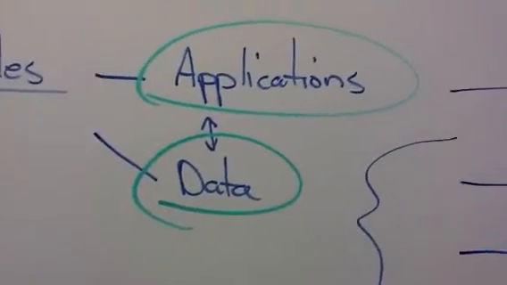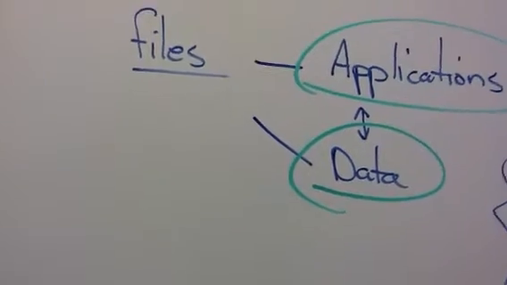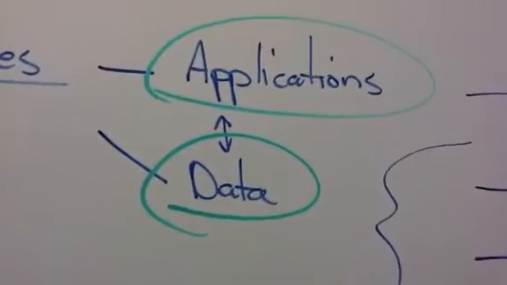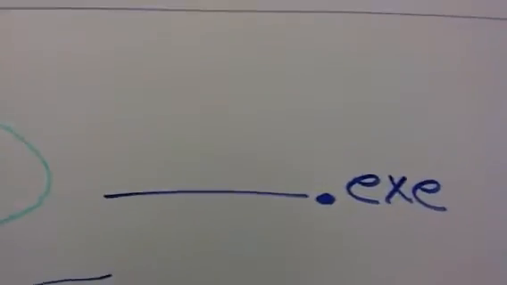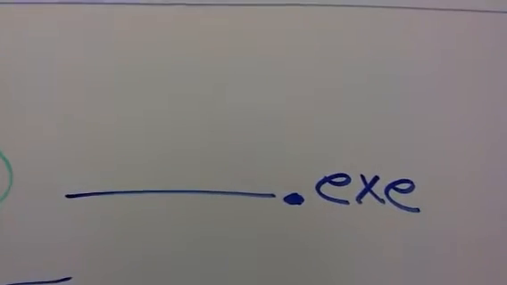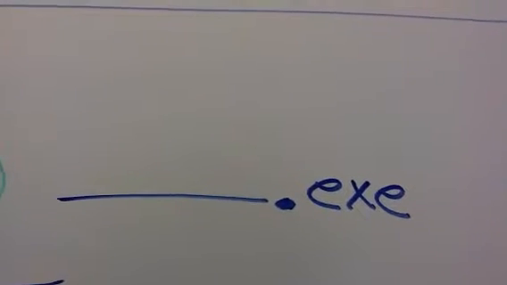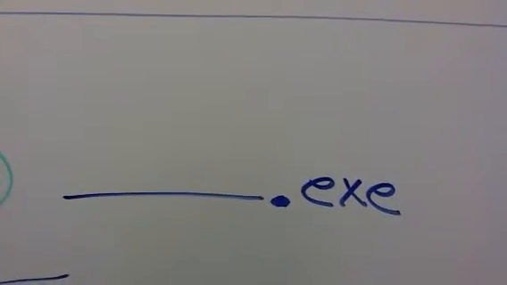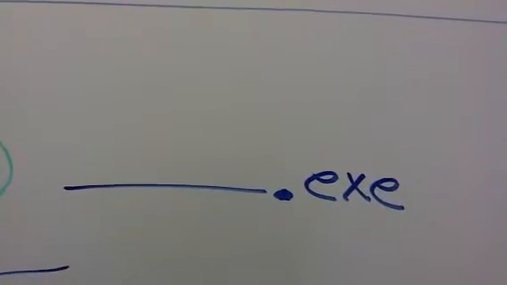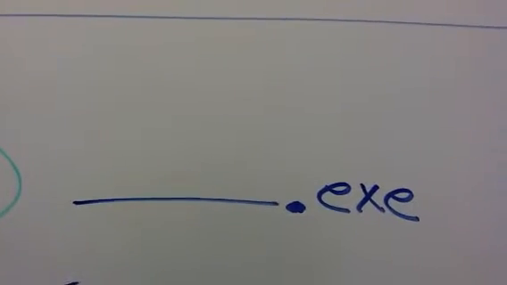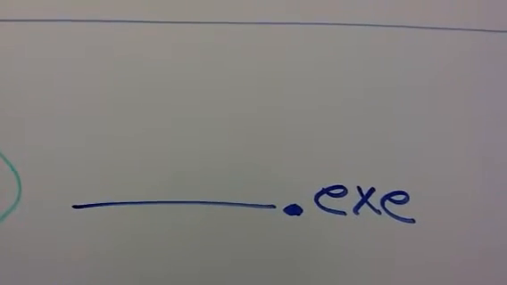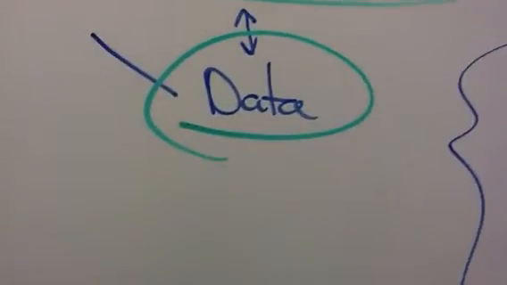And then what do we store? We store files. Files tend to be either applications, which are files that are executable. A good example, a student said, like PuTTY. You downloaded PuTTY. PuTTY is an executable file. It's a piece of software that actually executes. You can run it on a computer as long as you have the right one downloaded for your operating system. And then we have data files.